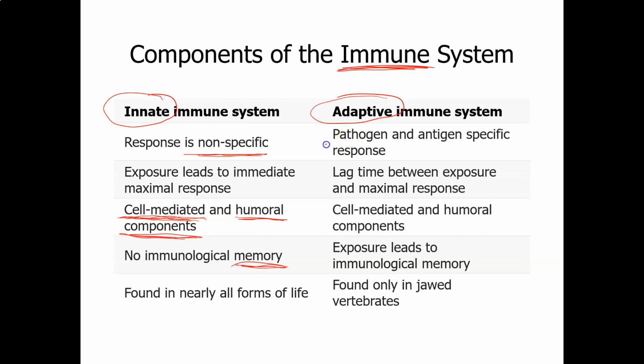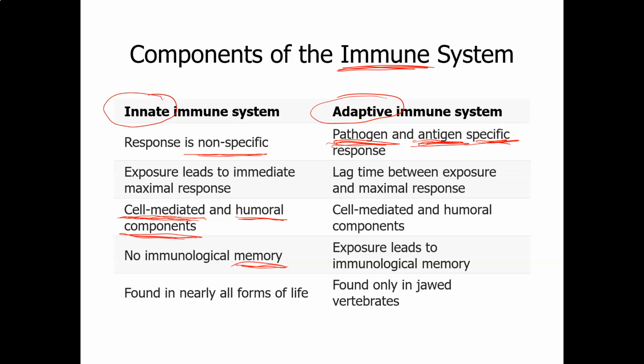It is pathogen and antigen specific. That means this part of your immune system is going to attack a very specific protein or antigen located on the virus or the bacterium or the toxin, whatever it is that you're infected with.